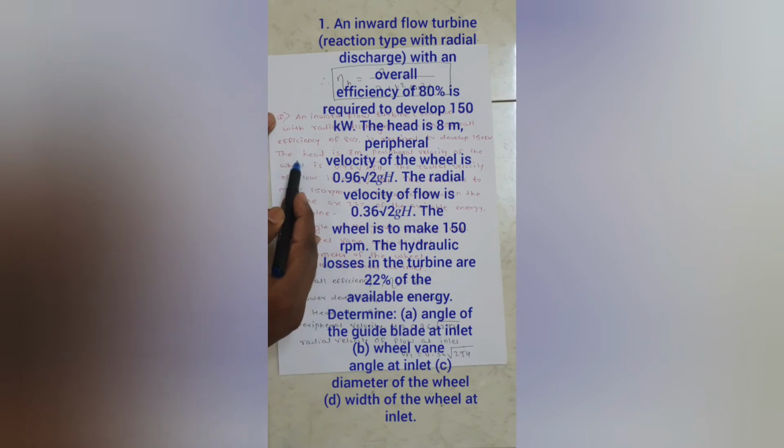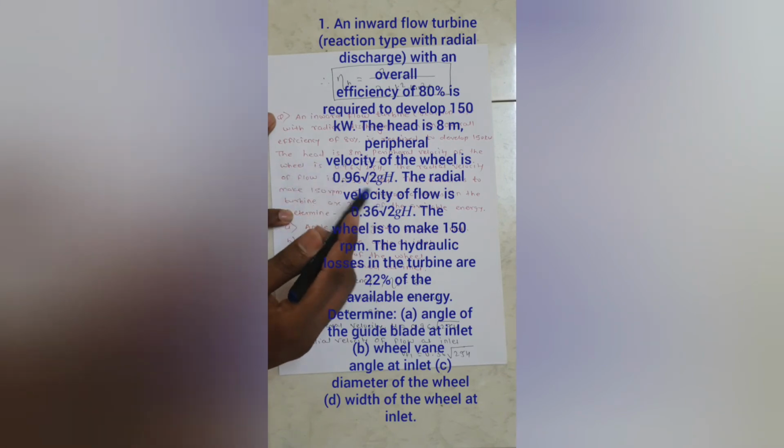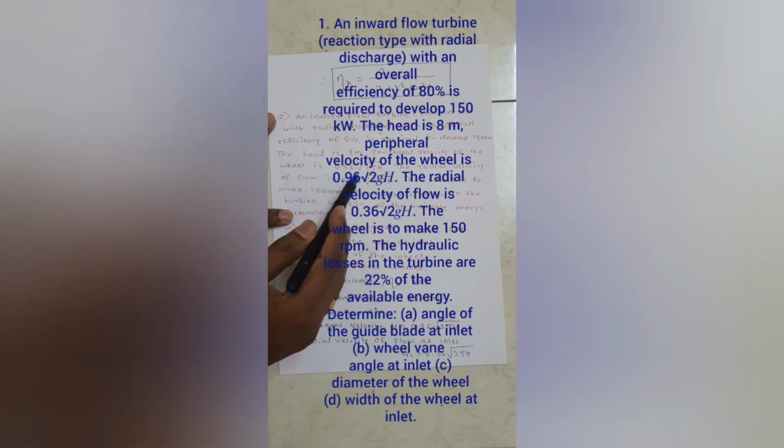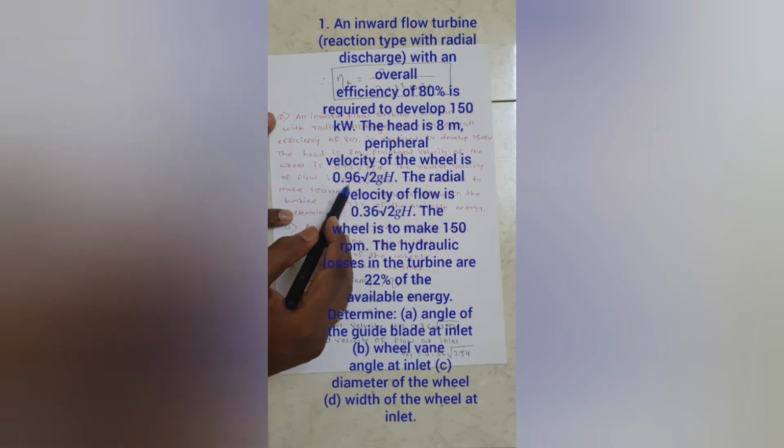To develop 150 kilowatt means the output power or shaft power is equal to 150 kilowatt. The head is 8 meter, so H is equal to 8 meter. The peripheral velocity of the wheel is 0.96 square root of 2gH, so u is equal to 0.96 square root of 2gH. The radial velocity of flow is 0.36 square root of 2gH.